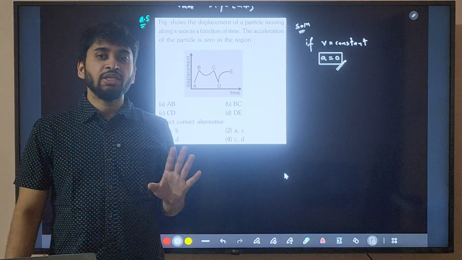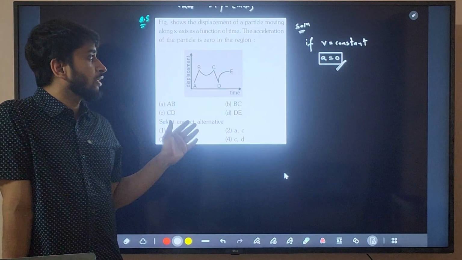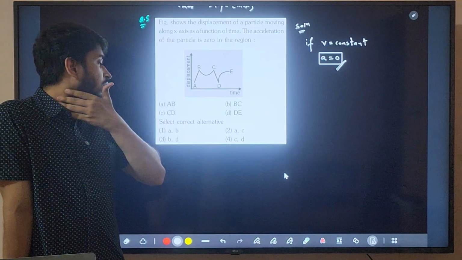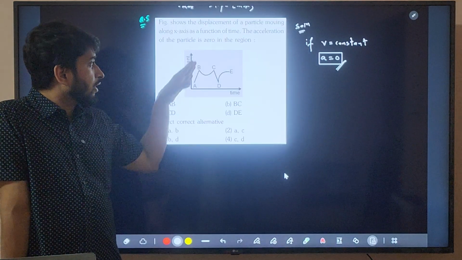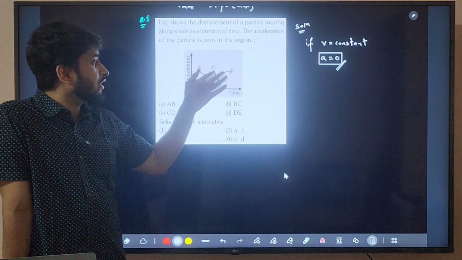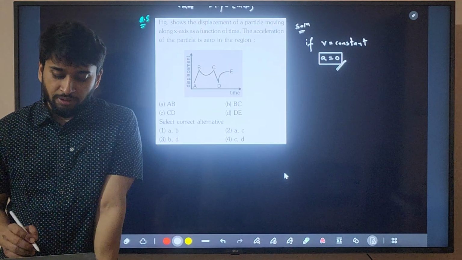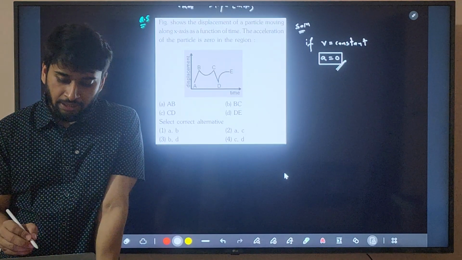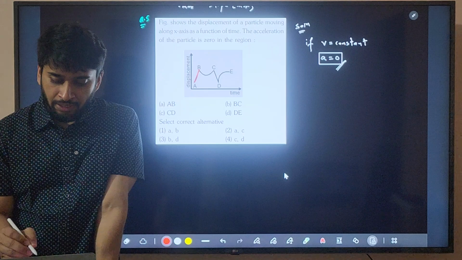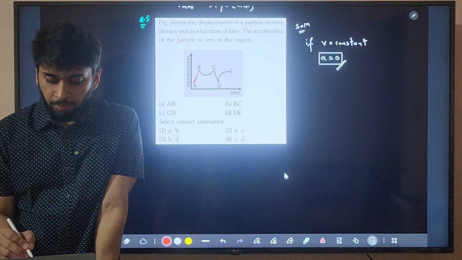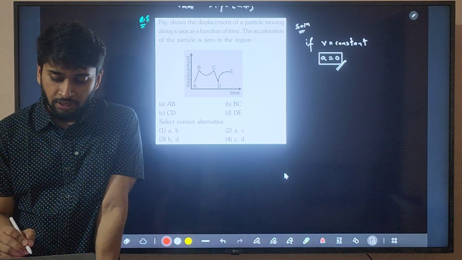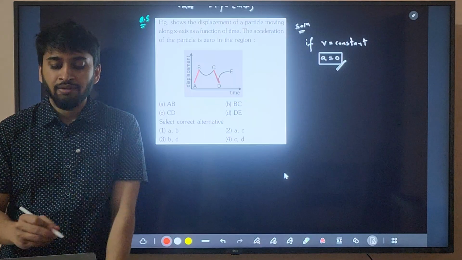Now in a position time graph, where do we get the constant velocity? Velocity is constant wherever the graph is a straight line. Here you can see between A to B and between C to D, the graph is a straight line.